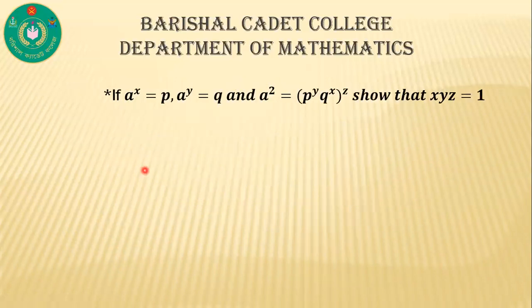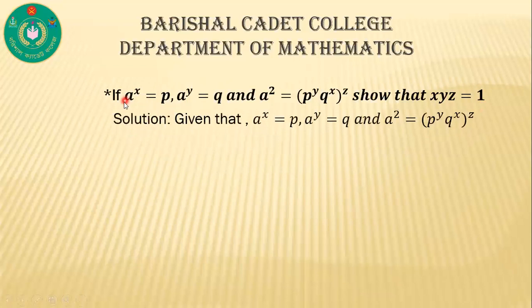Now a to the power x is equal to p and a to the power y is equal to q, and a square is equal to p to the power y, q to the power x, to the power z, so that xyz is equal to 1.